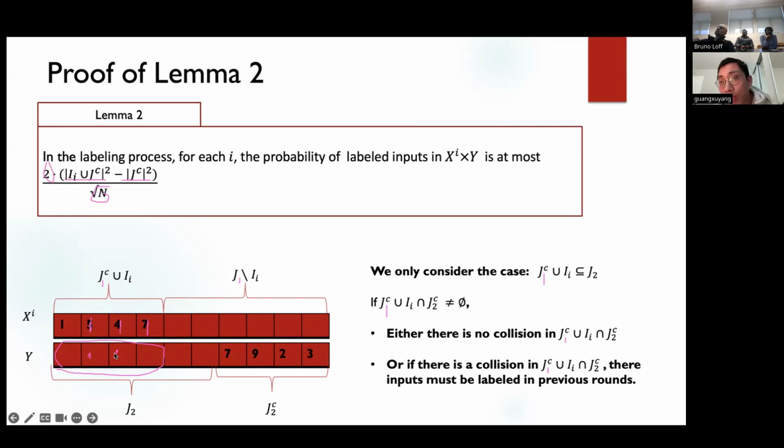Okay, so this part is just where we argue that we only consider this case. Wait, but in the entropy condition, there could still be a coordinate that's completely fixed, or not? Oh no, I see, it's for all subsets. Okay, good.